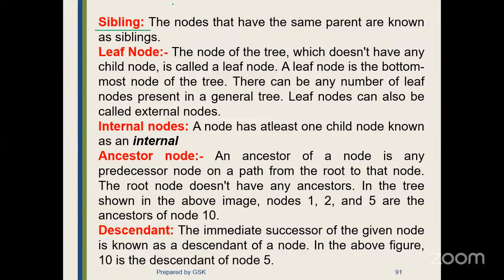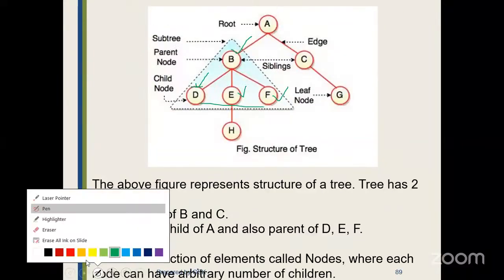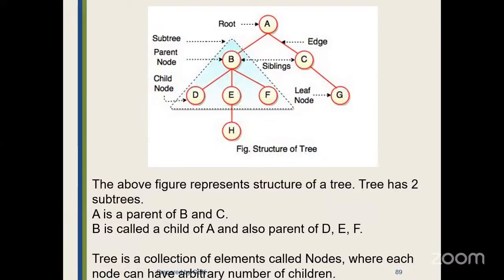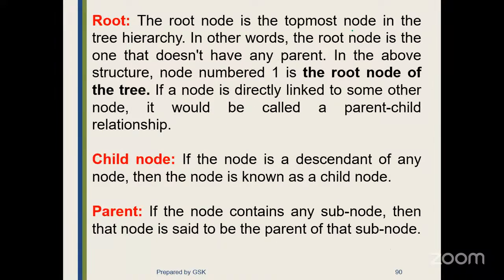Sibling. The nodes that have the same parent are known as siblings. See, B and C are called siblings because B and C's parent is A. The nodes whose parent is the same are called siblings.